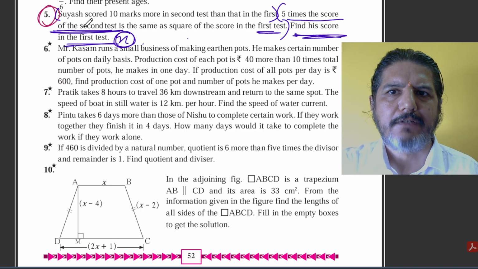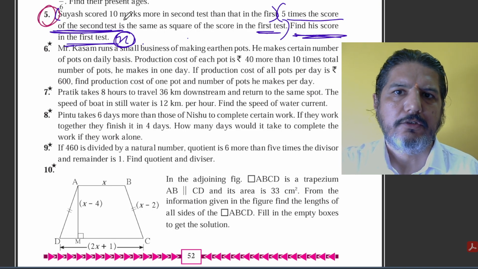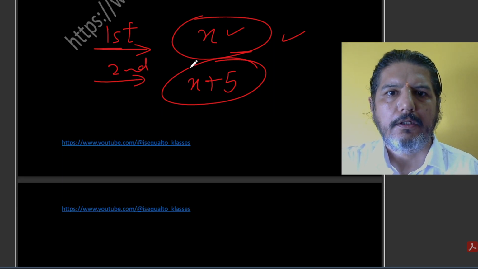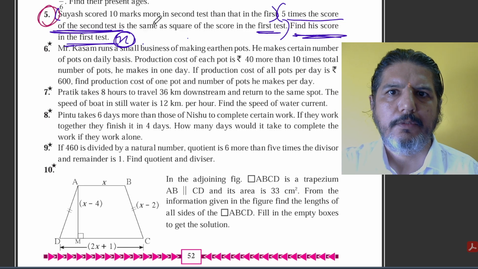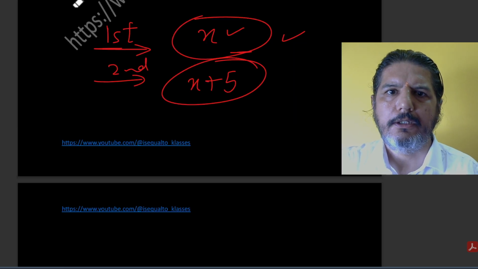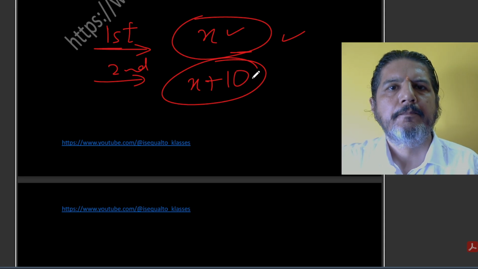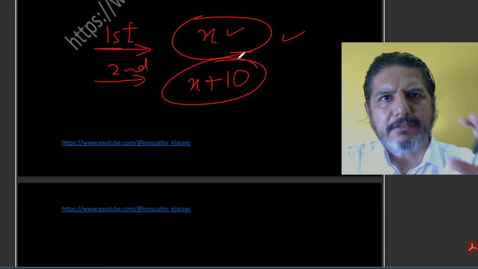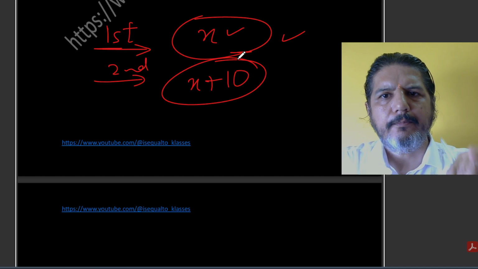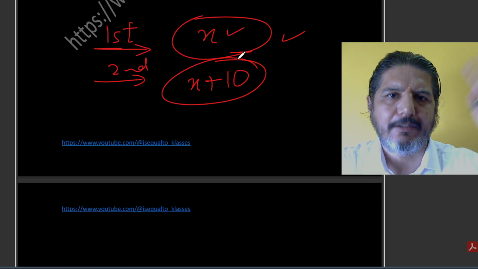Then I have used this line, Suyash scored 10 marks more in the second test than in the first. So in the first test, we assume that he has scored x, and from line number 1, we came to understand that in the second, he has scored x plus 10 marks.